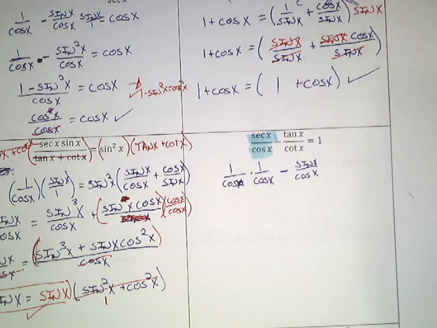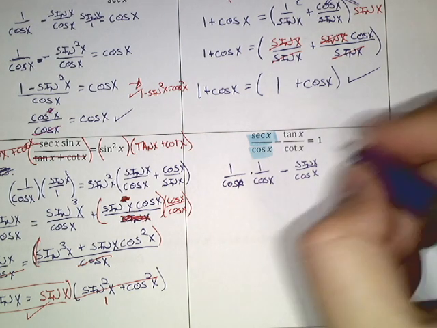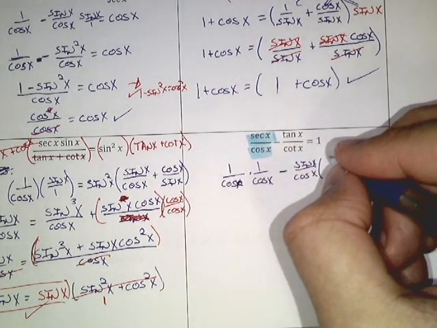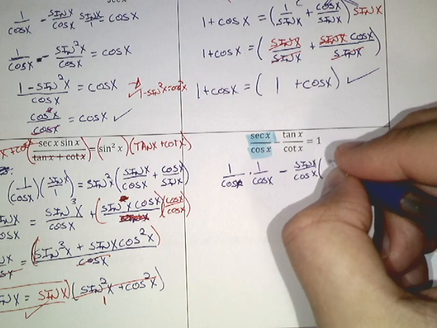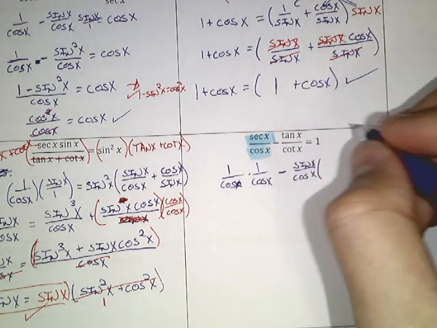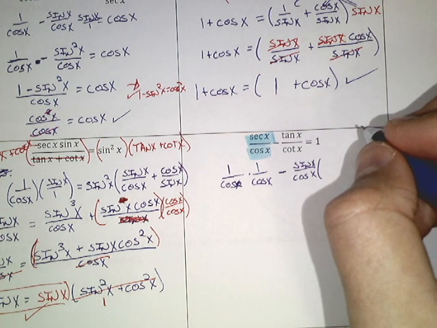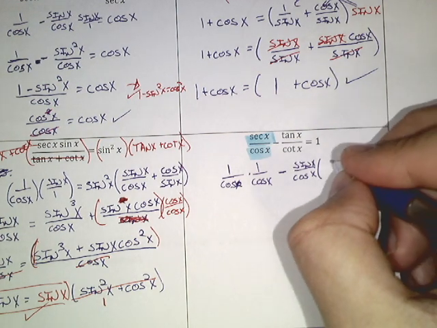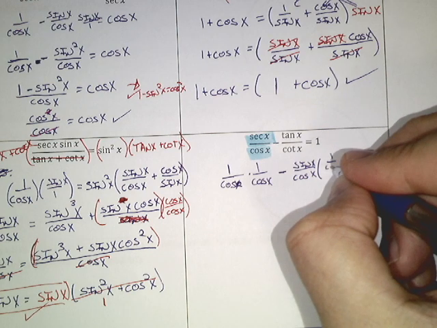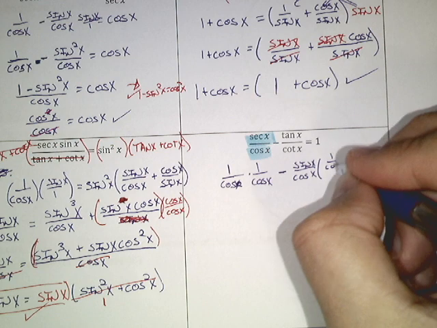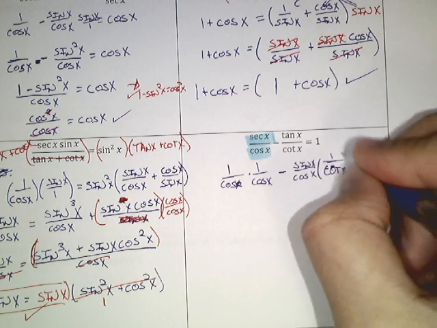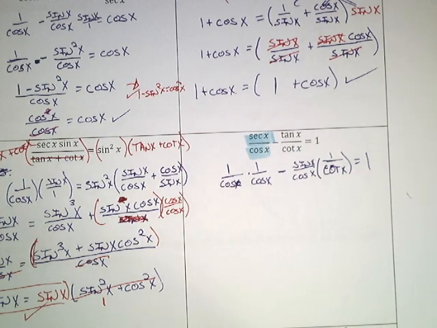I'm looking at this now and I'm seeing that I'm doing it the very long way, but that's okay. And then cotangent is going to be, well, cotangent's on bottom, so we can flip it to put on top to be tangent. Or we can just do 1 over cotangent, which is equal to 1.